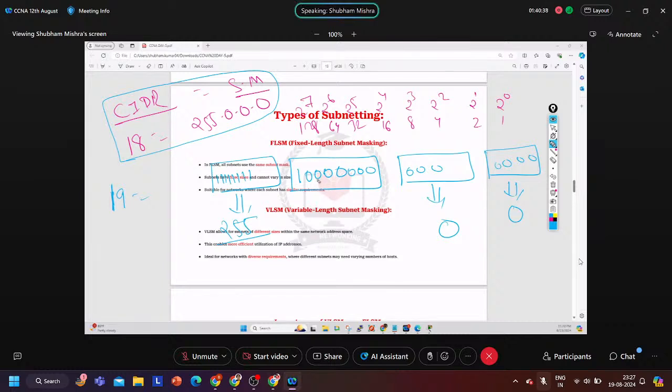It means these 7 bits are 0, 0, 0, 0, 0, 0, 0. Only the last bit is enabled. It means only this one is enabled. And what is the value of this bit? 128. So for /9, what is the subnet mask? 255.128.0.0.